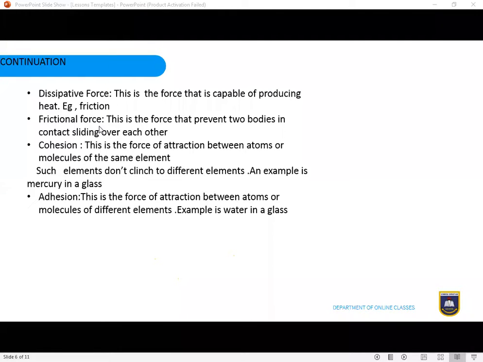Let me do some demonstration right now. If you want this to move smoothly on this ruler, what must happen? You must make the ruler smooth for it to move. But when it becomes very rough, this can never move smoothly on the ruler.